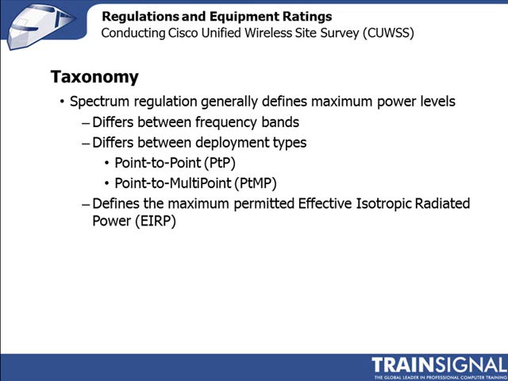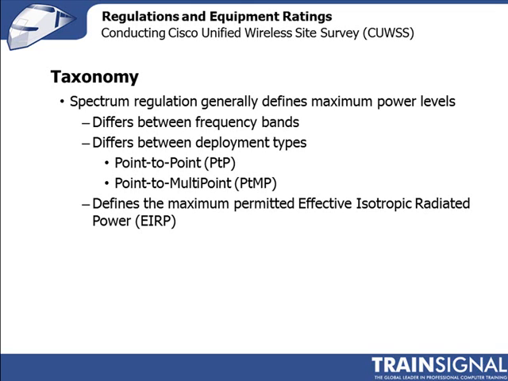Now, the thing to know is that the regulation is not consistent across different unlicensed bands. So the regulation in the 2.4 gigahertz band is quite different from the regulation in the 5 gigahertz band. So you should not make any assumptions that if you understand one band, those rules apply to the other band. The other thing that's incredibly important, especially if you're doing outside deployments, is that the regulation is different for a point-to-point connection versus a point-to-multipoint connection.